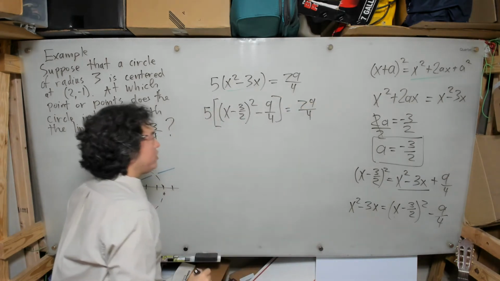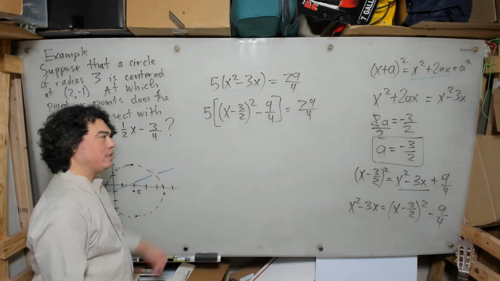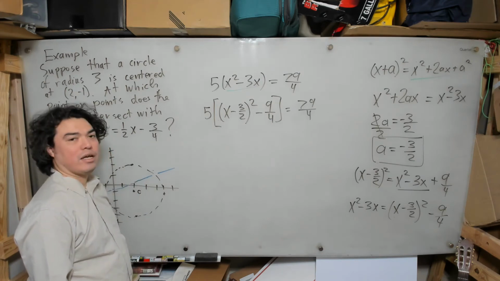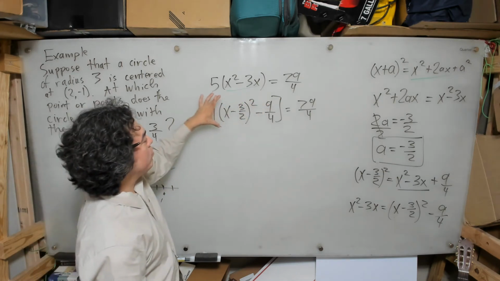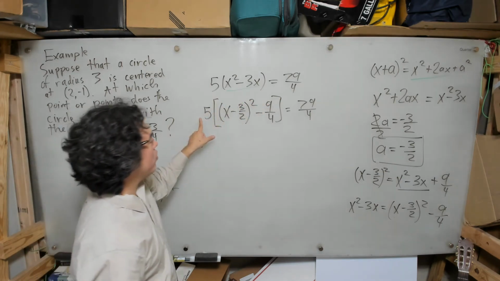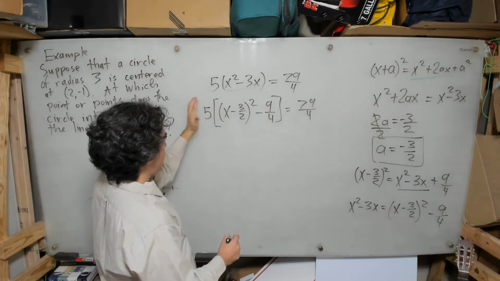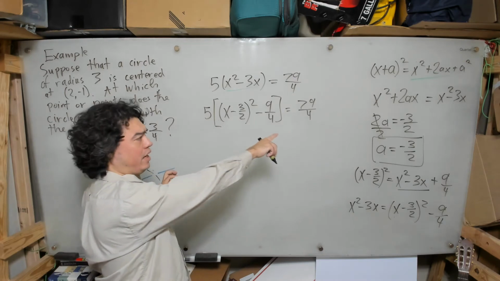Now I will confess to you that this equation is still looking terribly ugly, but what I want you also to realize is that it's not as bad as it looks. First of all, I want to get this term by itself, so I'm going to divide by 5. Okay? If I divide by 5, the 5 here will go away, and it'll be the same as dividing that side by 5.